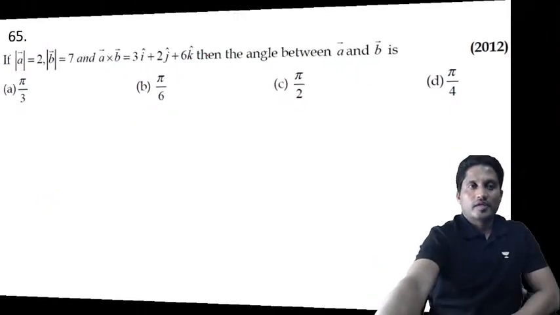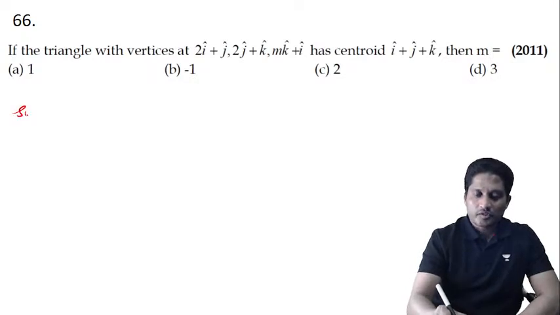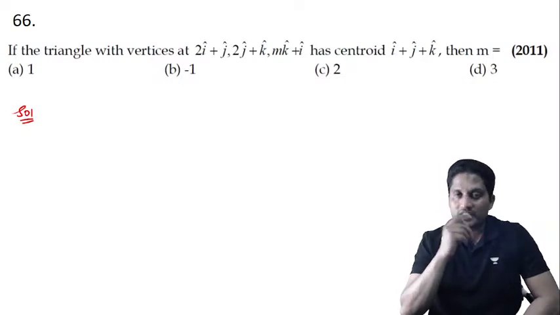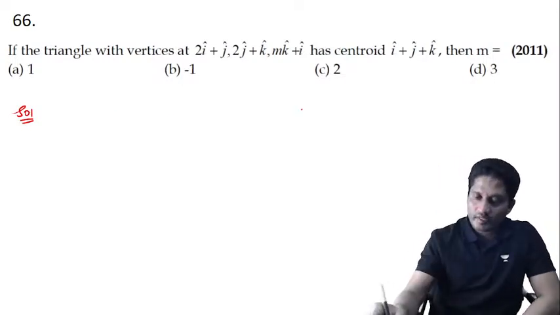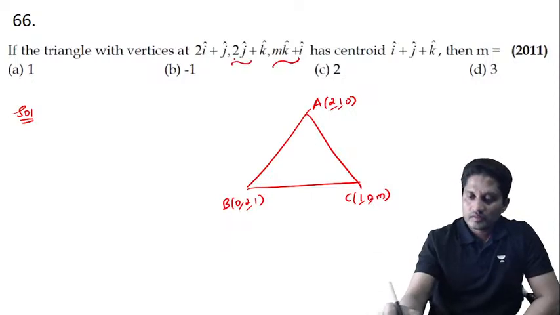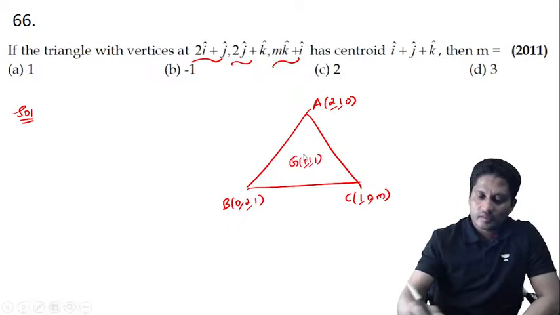Right? Question number 66. Suppose a triangle is given whose centroid is i plus j plus k. That is, you have a triangle, the first vertex is 2i plus j, that is 2, 1, 0, the second is 0, 2, 1, and the third is i is 1, j is 0, and k is m. And then centroid G is equal to 1, 1, 1. Now centroid G is equal to (x1 plus x2 plus x3) by 3.